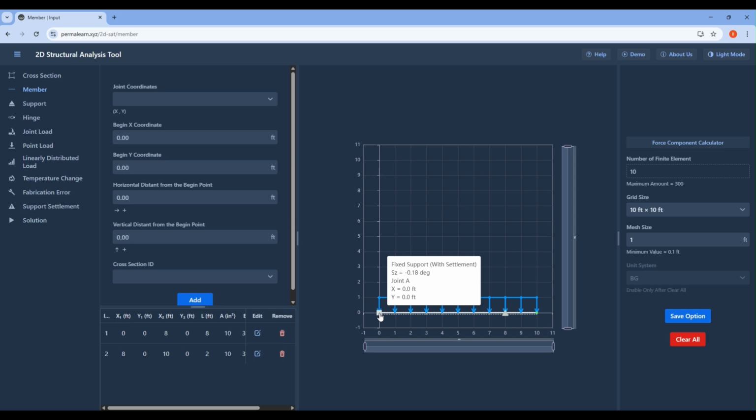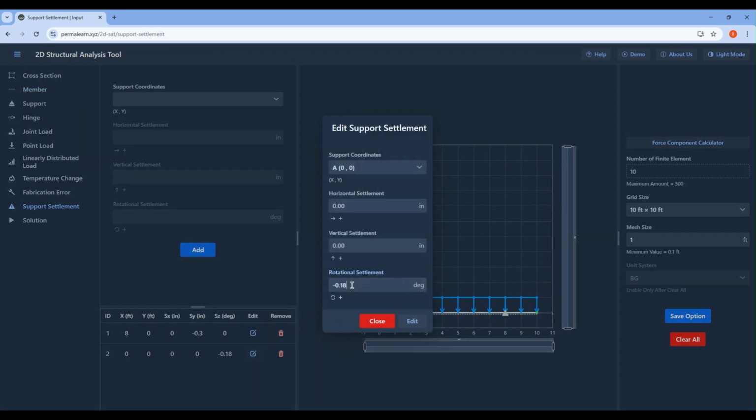the support settlement at the fixed support. They convert it from -0.171 to -0.18, and if we change that to 0.18, it will get a better accuracy.